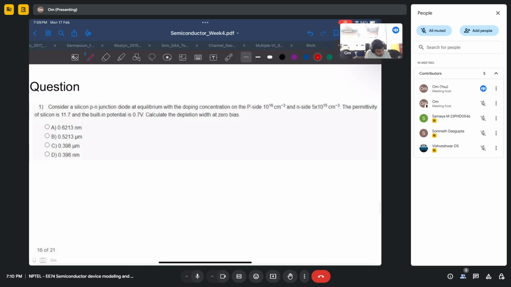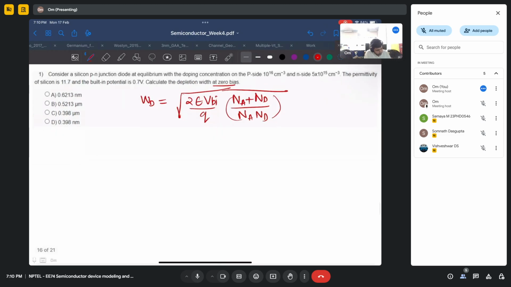So at zero bias, the depletion width WD is under root 2 epsilon Vbi by Q, times Na plus Nd upon Na and Nd. All these values are given. So we have 2 into 11.7 into 8.854 into 10 to the power minus 14.